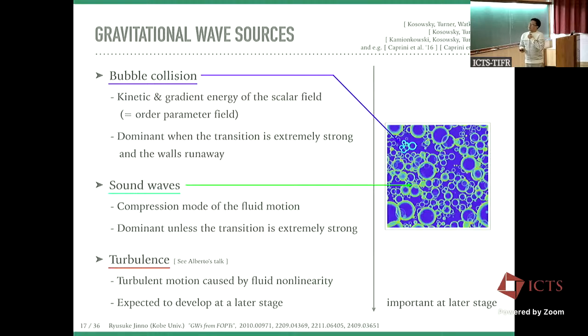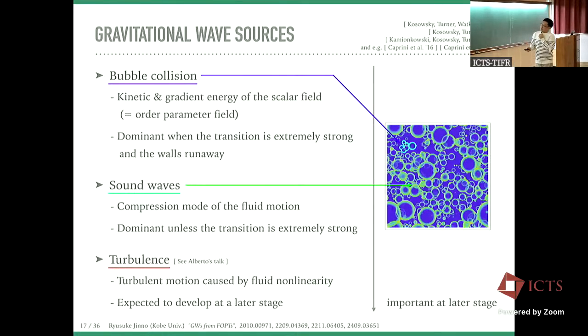And in reasonable transitions, sound waves are the dominant source of the gravitational waves. It's by definition the compression mode of the fluid motion. It's dominant unless the transition is extremely strong.